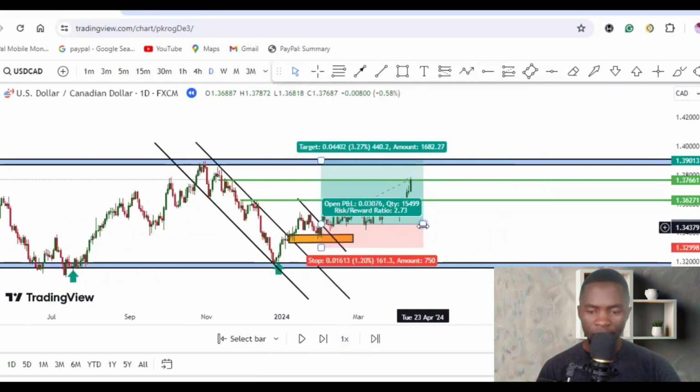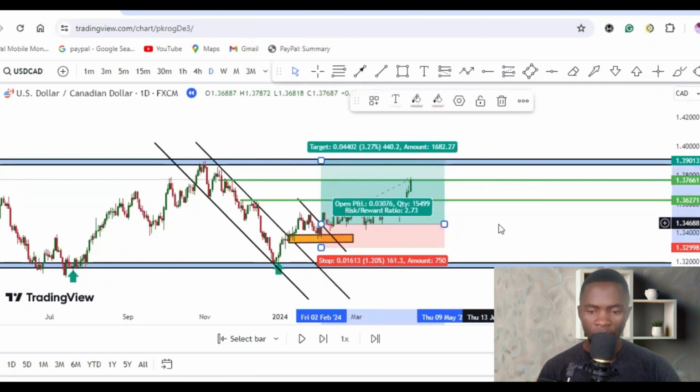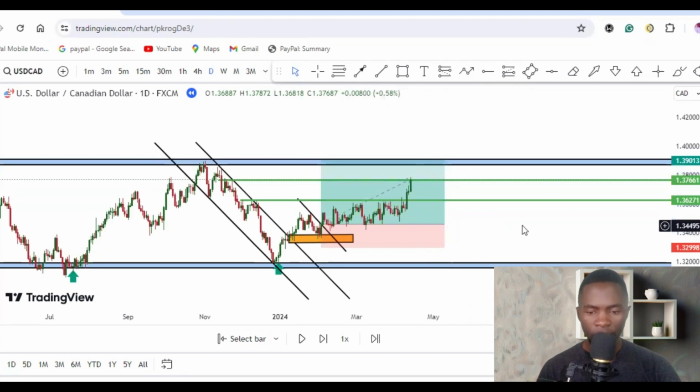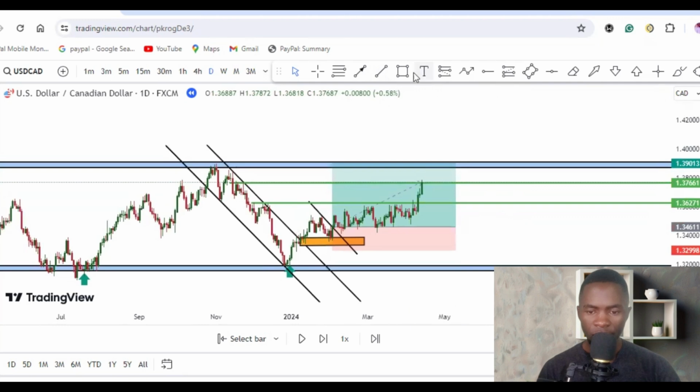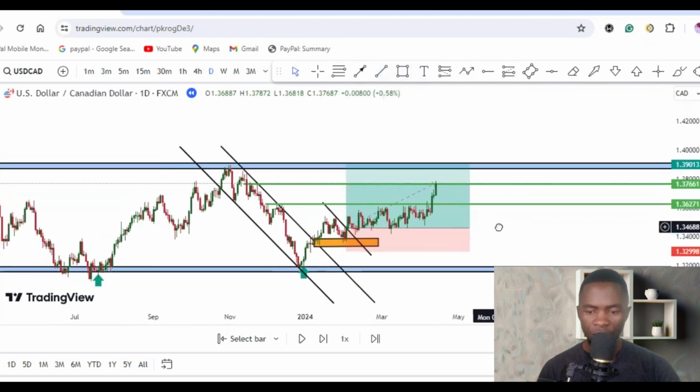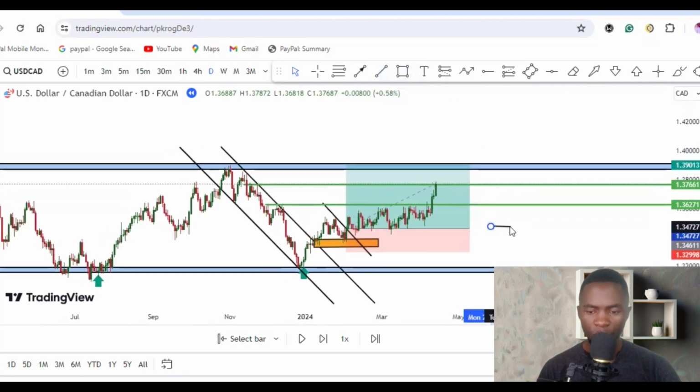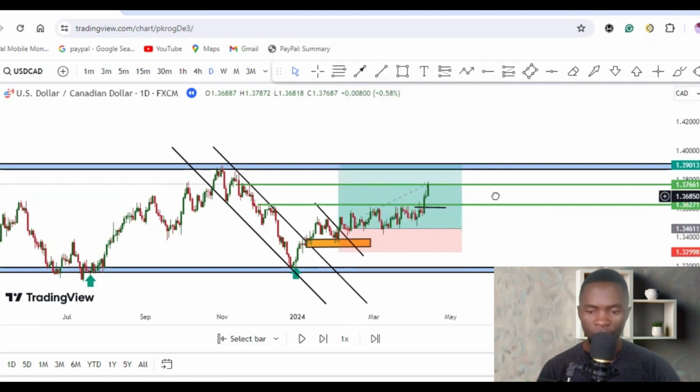And immediately when the market breaks my TP1, the market moves straight to my take profit 2. So I will have to move my stop loss from below here to around below take profit 1.